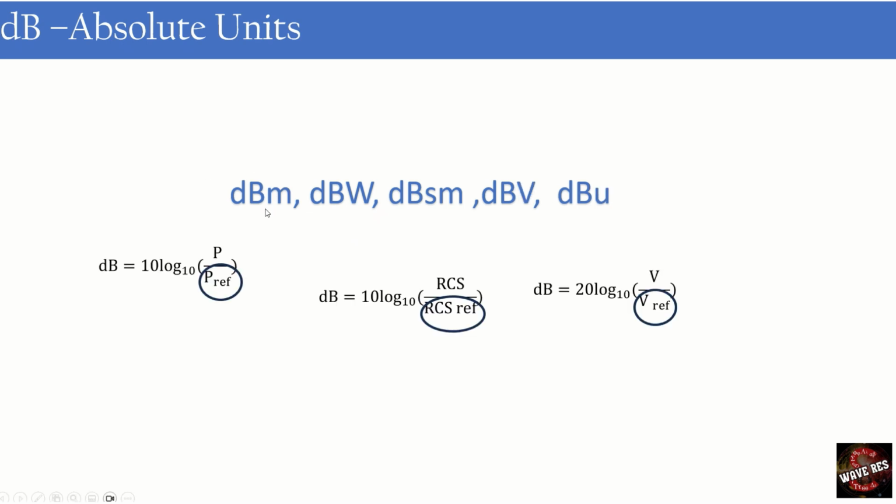So the letters after dB actually specify the reference values that we are using to calculate these values. In case of M, it specifies the milliwatt, W specifies the watt, SM specifies the square meter, V specifies the voltage, and U specifies the unloaded voltage. So these actually specify which reference we used to calculate the dB.